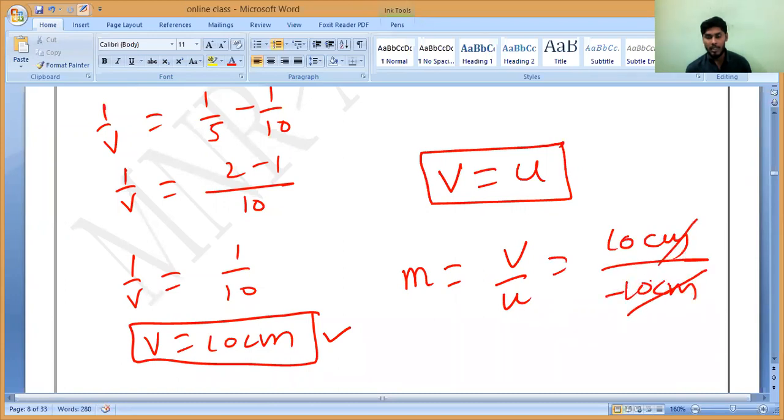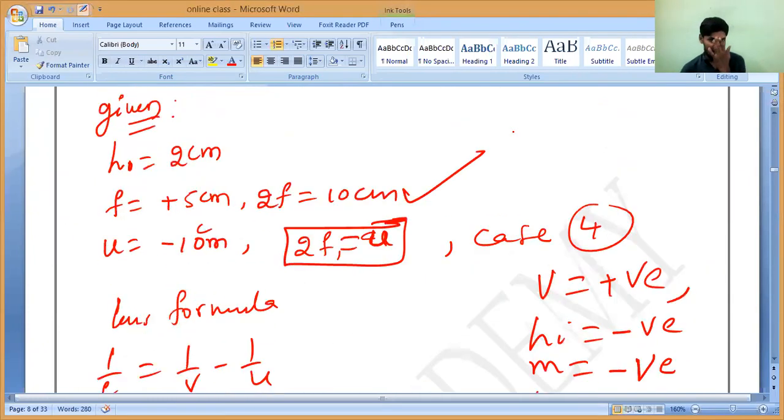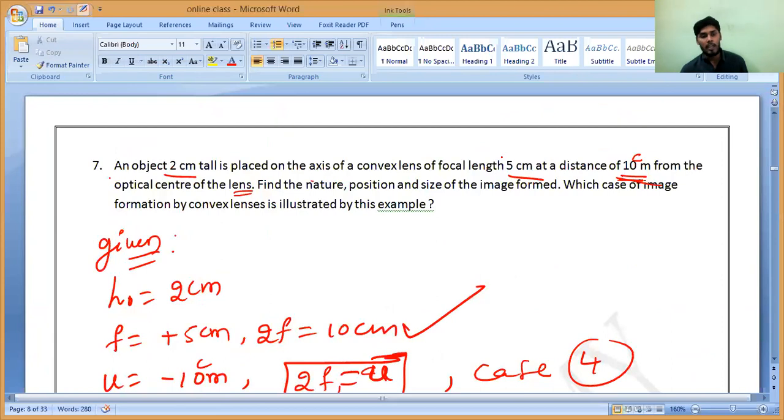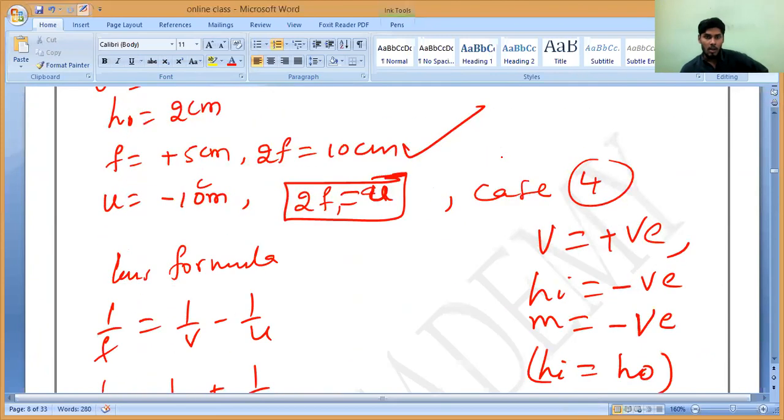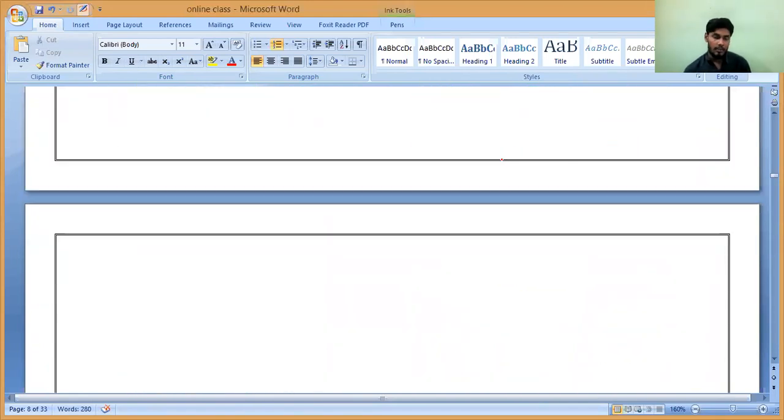So centimeter will get cancelled. M is equal to minus 1. Is our answer correct or not? Verify, all of you. Yes, sir. Okay. Next, magnification M is equal to height of image divided by height of the object.